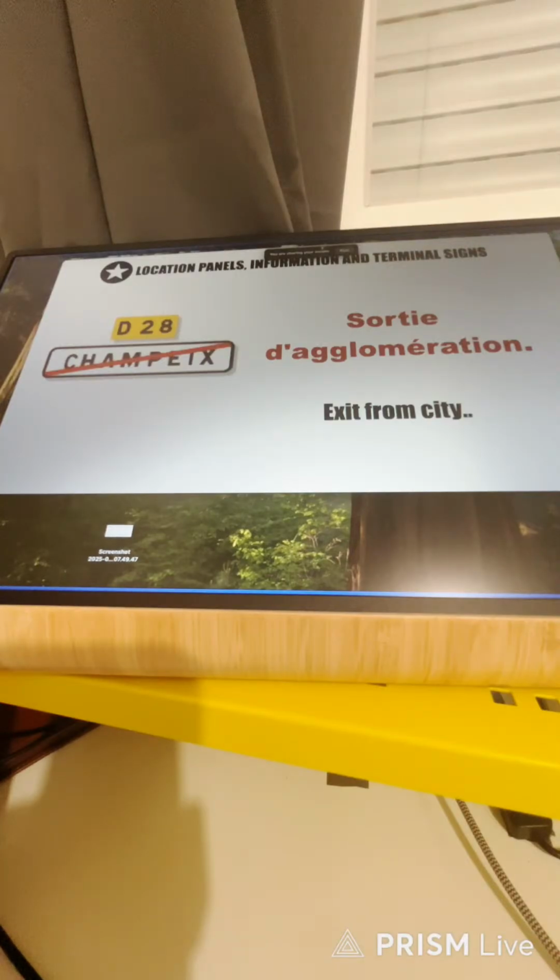The speed limit is going to change. Immediately you leave a city, it can be 70, 80, or 90, depending on the type of road that you get to. So it can be anything. But this is what is important in this panel here.